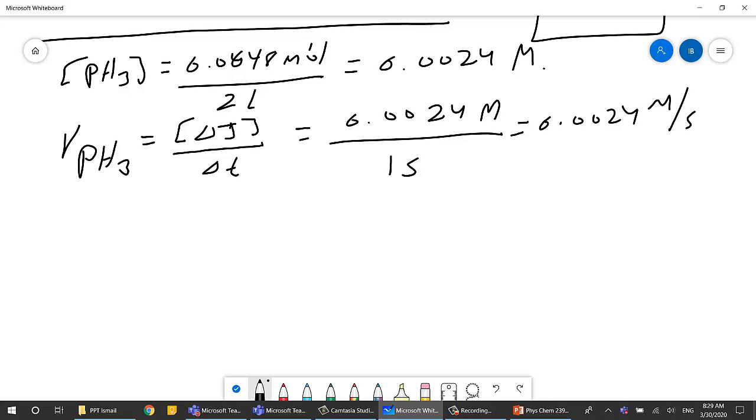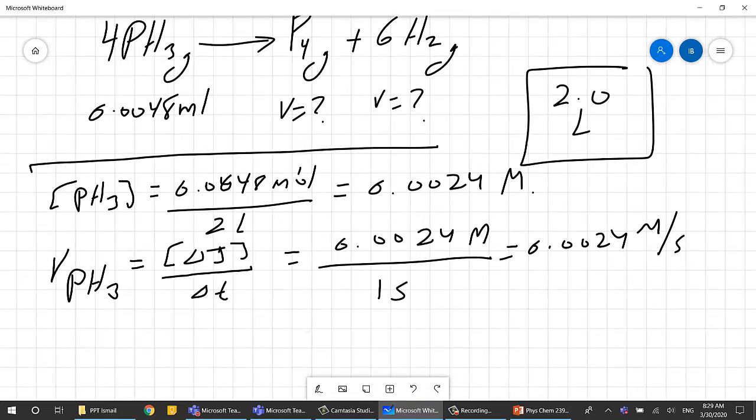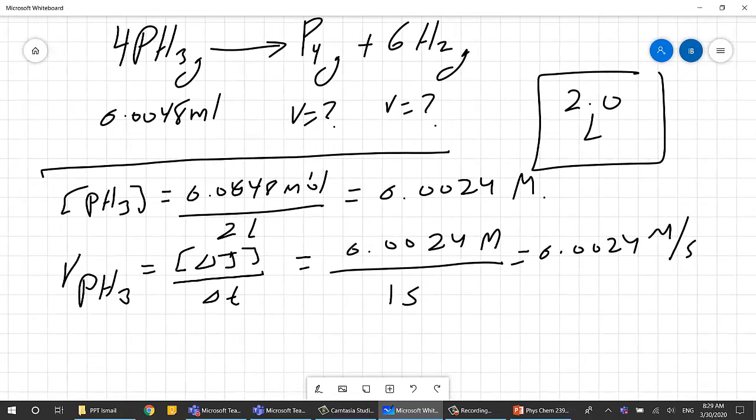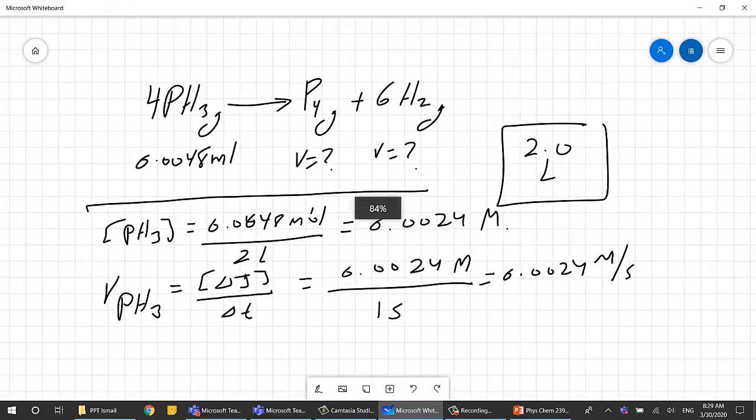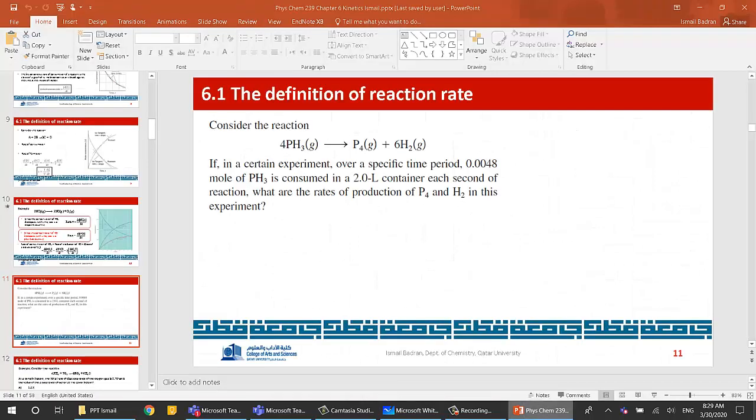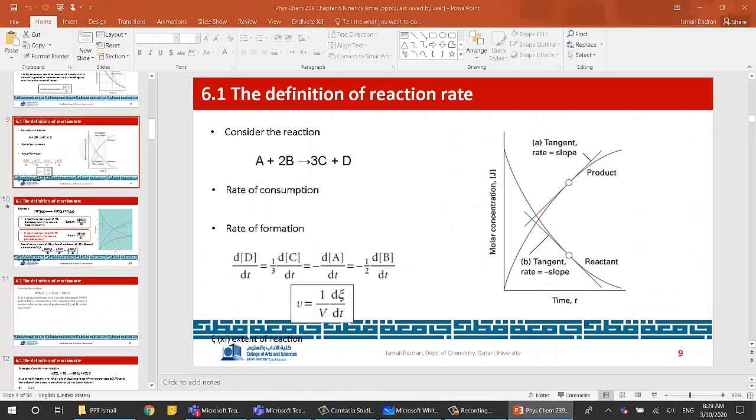Now let's talk about the different rates. The most important thing that you need to learn from this question is this equation, which I showed you in the previous slide: the rate is equal to 1 over V, d zeta over dt.